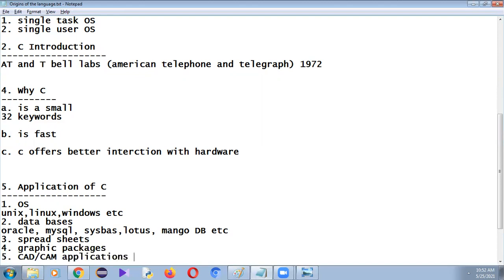What does CAD stand for? Computer aided design, and CAM is computer aided manufacturing.